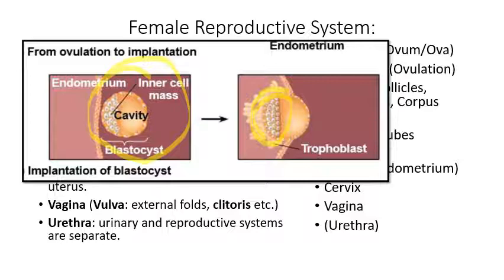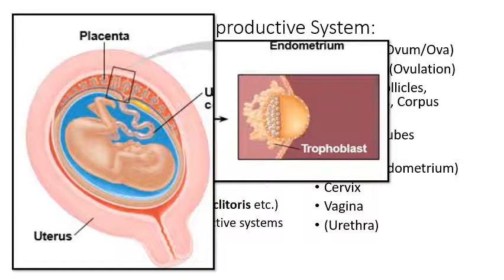So the placenta is actually a structure created by the baby, and it starts out as a smaller structure called a trophoblast. The trophoblast becomes the placenta. As the baby develops, we have this placenta structure inside the uterus.